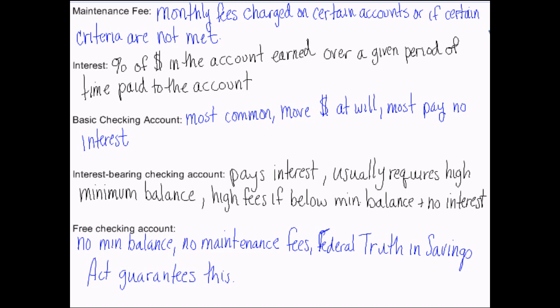If you go below the minimum balance, so for example, if you have an account that has a $500 minimum balance and you go below that, you get charged really high fees and you lose your interest. So it costs you double. Most of the people that have these accounts have so much money they probably don't need the interest, but that's the way life works.